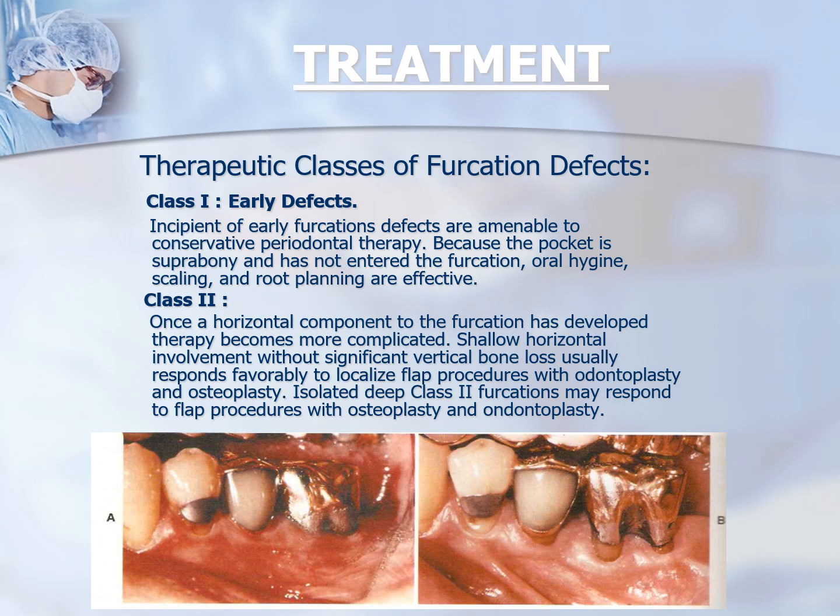Coming to treatment. Class 1. These are the initial or the early defects, and they require a basic modification or a plasty procedure, which is known as furcation plasty, where the tooth and the bone are slightly altered so that these areas become absolutely self-cleansing and can be maintained by the patient.